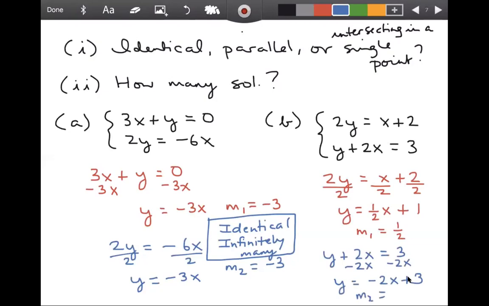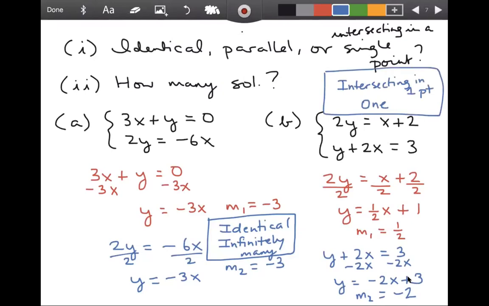Okay, I could ask you an extra credit question about these 2 lines. The answer to their question is, because the slopes are different, these are intersecting in one point, and the number of solutions is 1.